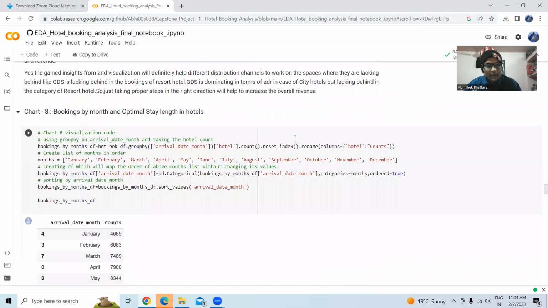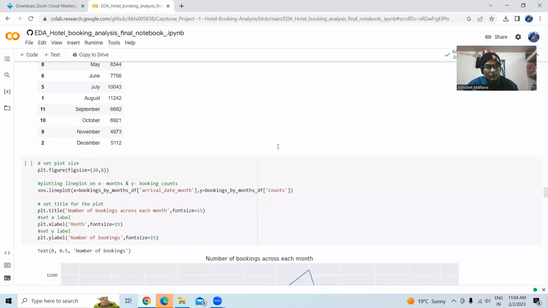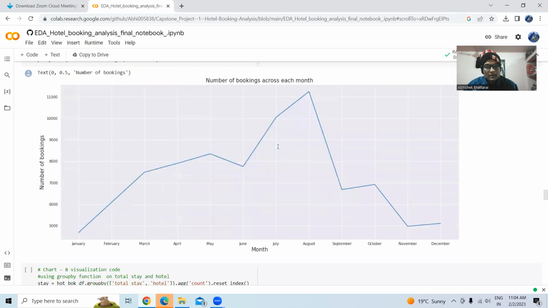If we move down to chart 8, we can see bookings by month and optimal stay length in hotels. In the graph we can see the number of bookings across each month. We can easily find that in the months of July to August the maximum bookings happened.